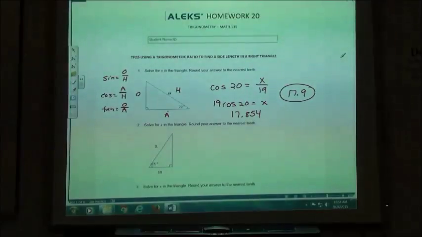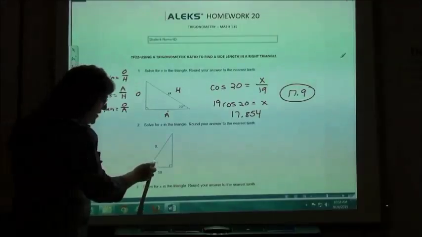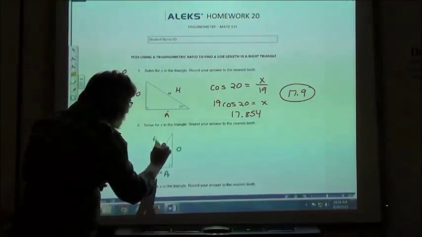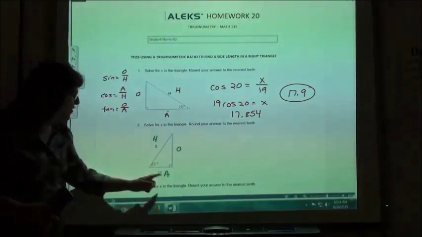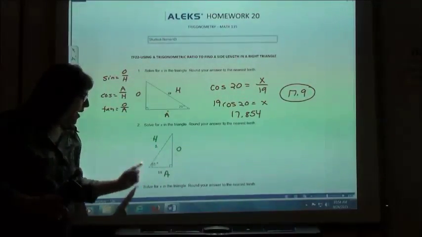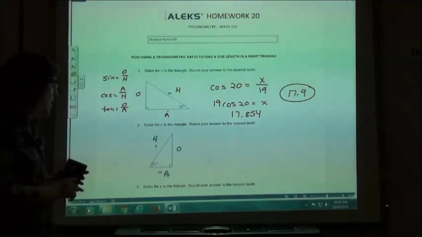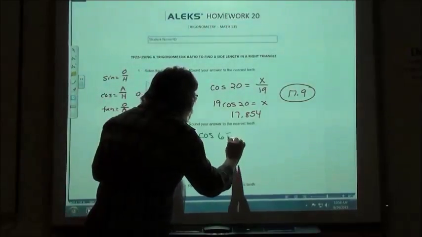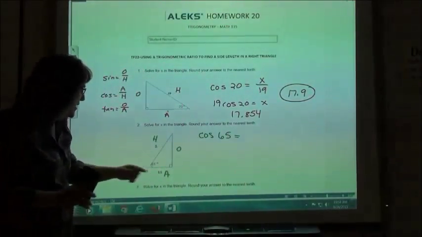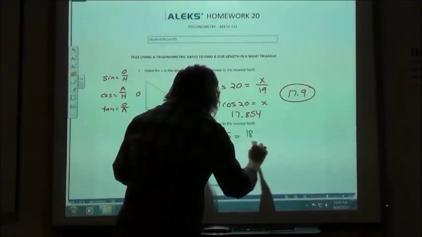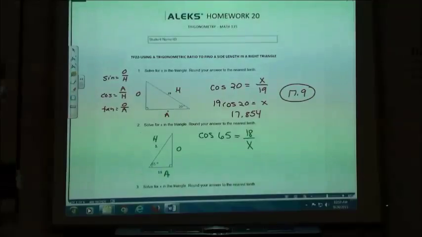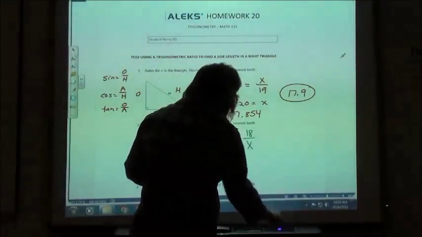So on the second one, I'm solving for x in my right triangle. Again, I have this angle labeled, so this is my opposite, this is my adjacent, this is my hypotenuse. And again, I have the adjacent and the hypotenuse, so I'm going to use the cosine again. So I'm going to say that the cosine of 65 degrees is equal to the adjacent, which is 18, over the hypotenuse, which is x. Now in this one, when I solve it, first of all, I'm multiplying by my x.